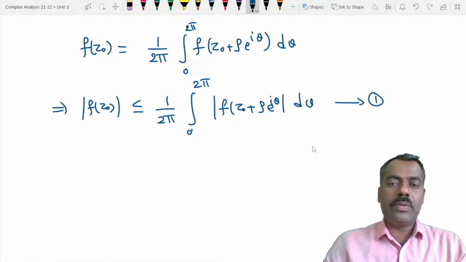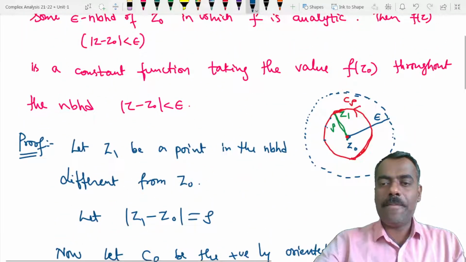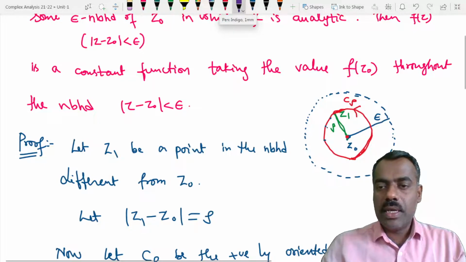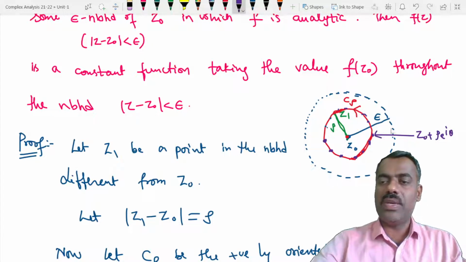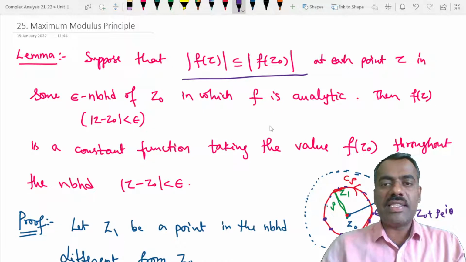Now, what can you say about the other way? Where is this point z0 + rho e^(i theta)? Let me draw this. This is any point z0 + rho e^(i theta), because its distance from z0 is exactly rho, right? Now, our given condition is that for every point in that neighborhood, |f(z)| is less than or equal to |f(z0)|.